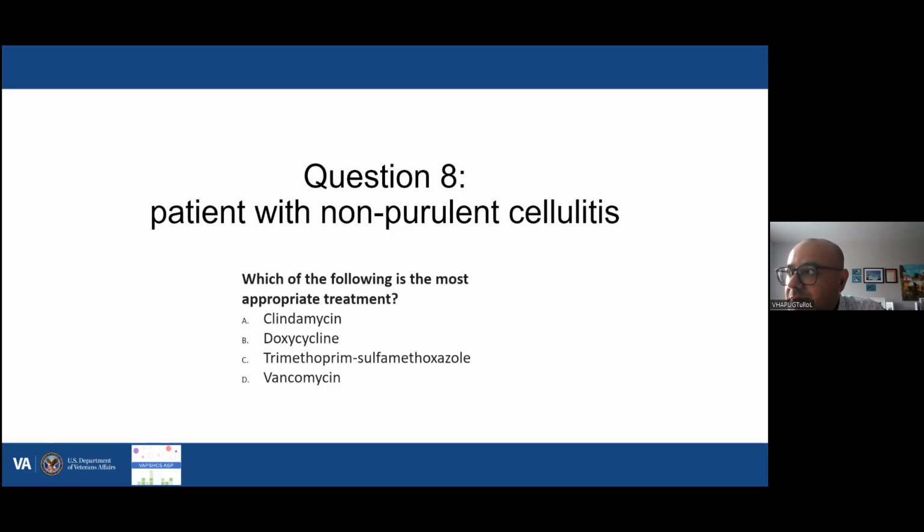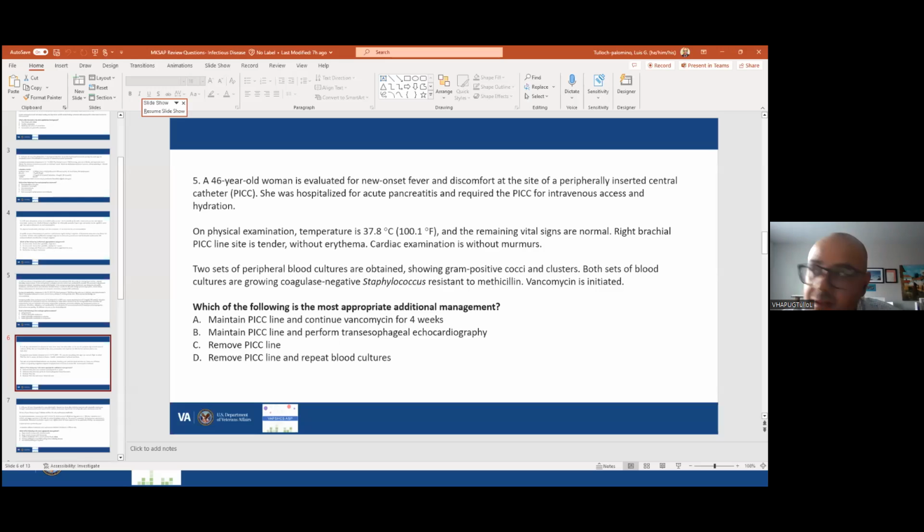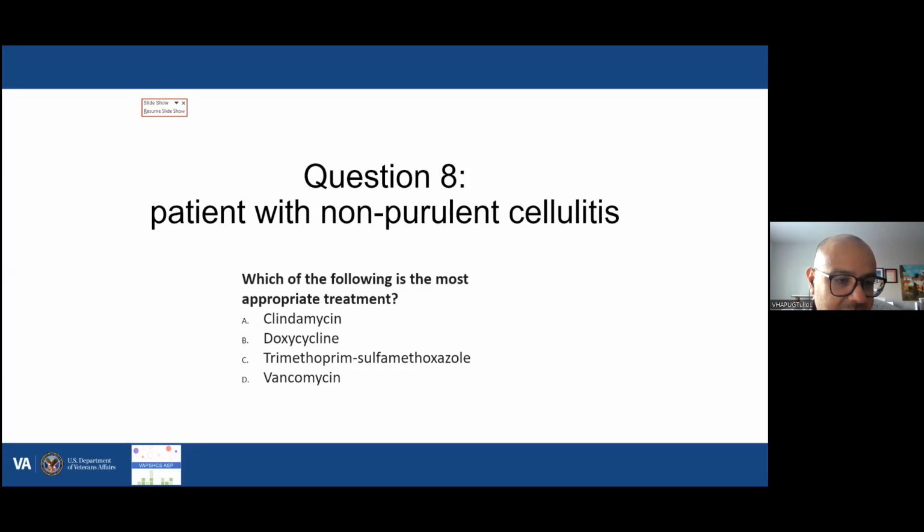Non-purulent cellulitis, cool. What did people answer for this one? Let's see. Sorry, let me just look at the stem on this one.